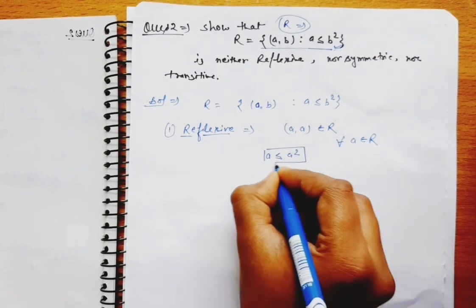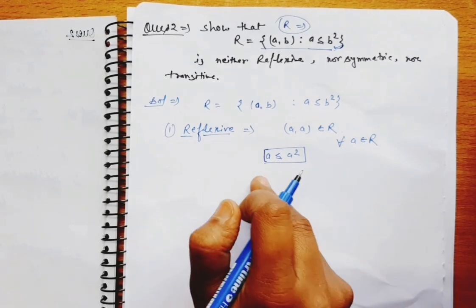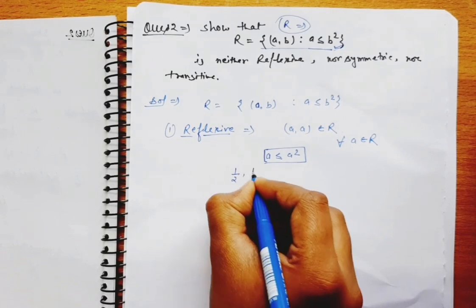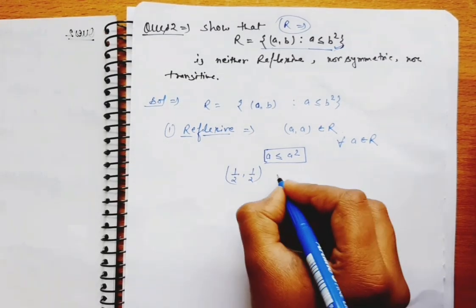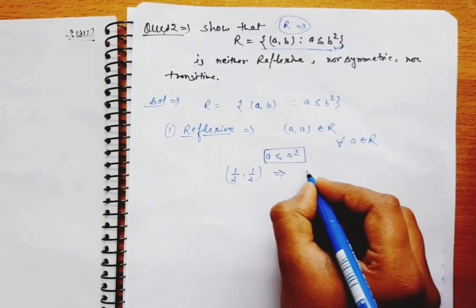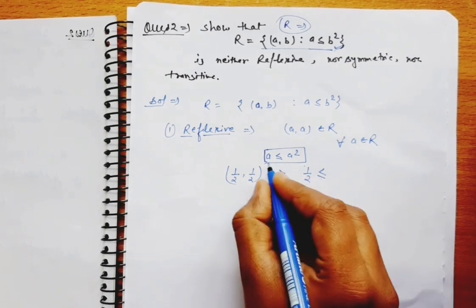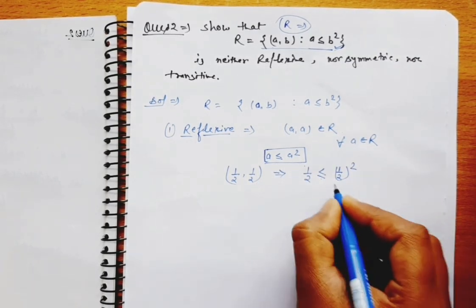Is any such number possible whose square is equal to or less than that number? So if we take an example, for example 1 upon 2, 1 upon 2. Check the condition. For 1 upon 2, here a is less than or equal to a square.